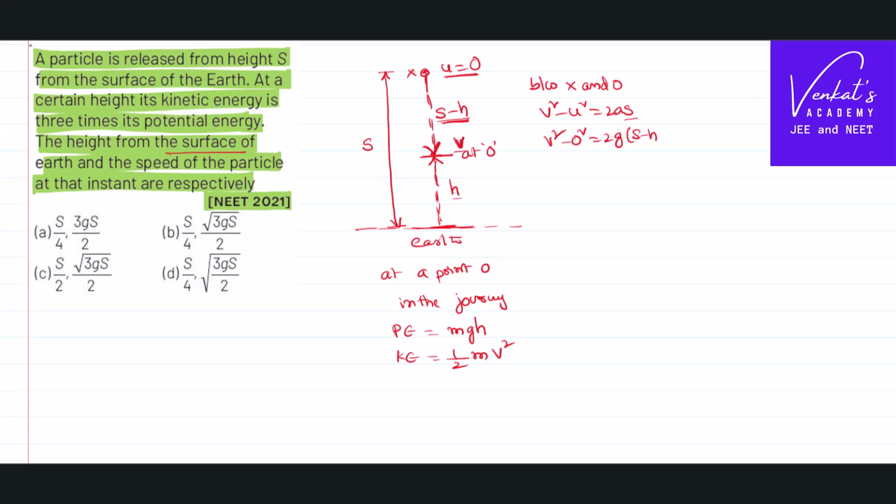That is s minus h. So v square equals 2g of s minus h. That implies I can write kinetic energy as half m times 2g of s minus h.